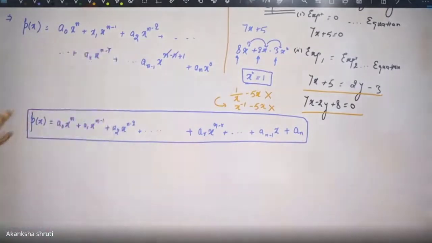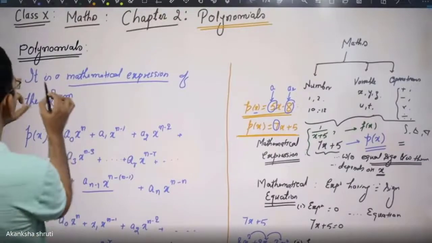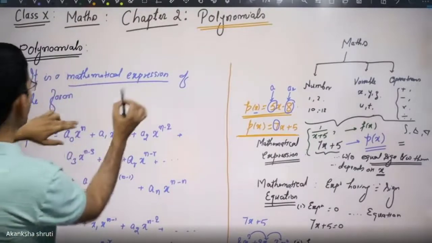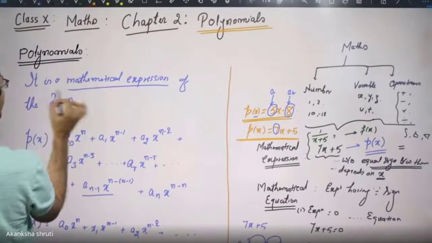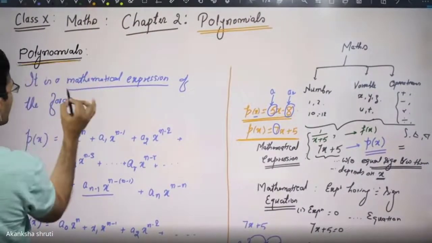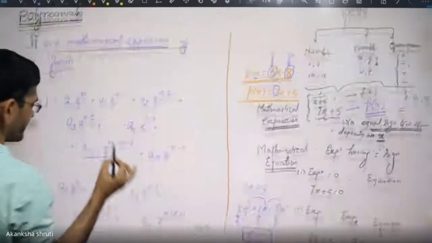Two important conditions to identify this will represent a polynomial. So let us write it, students. So what we have written, let us understand. So polynomial is a mathematical expression of the form, which one?